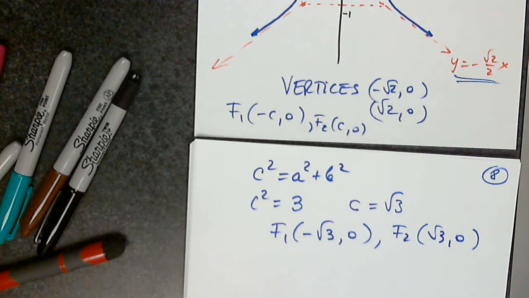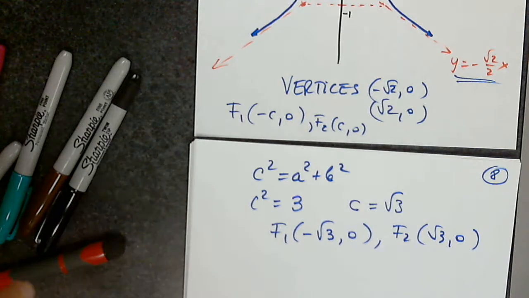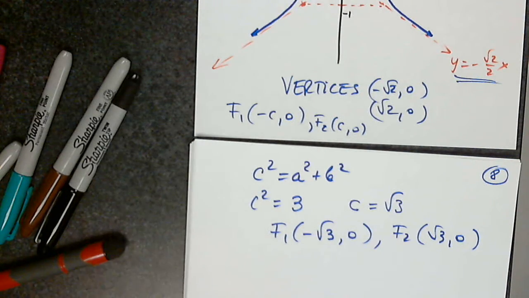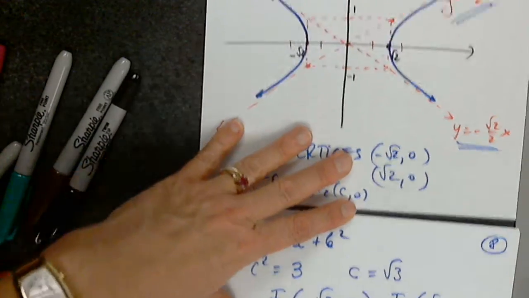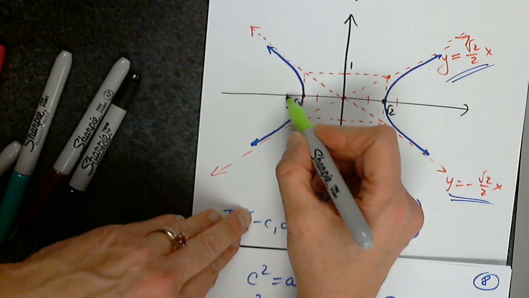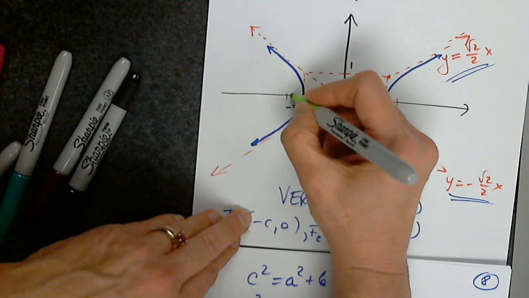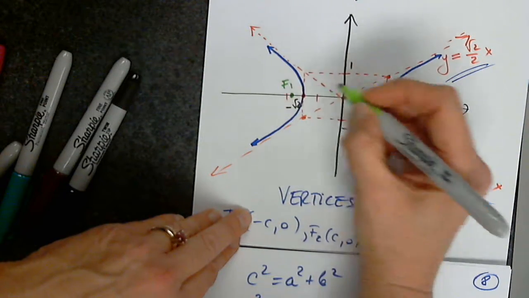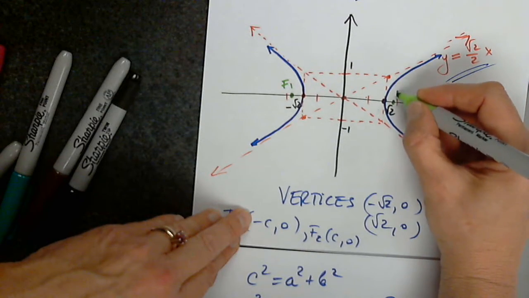And it is good practice to plot them. So the square root of 3 is 1.7. So if this is the square root of 2, and the negative, of course, and this is 2, then somewhere here I have F1, and somewhere here I have F2.